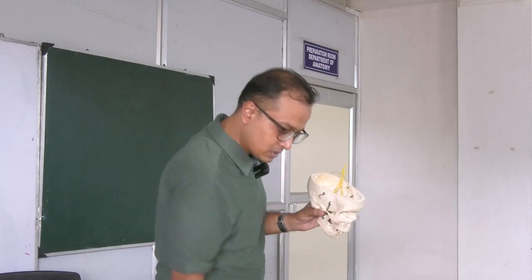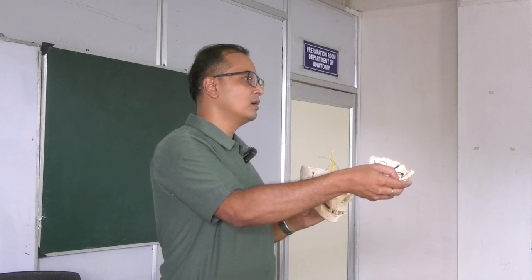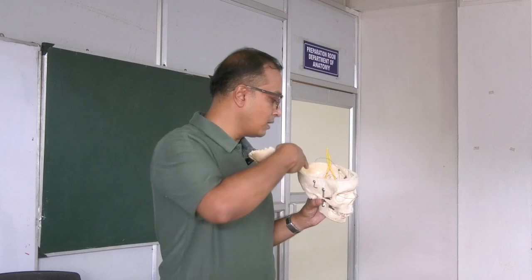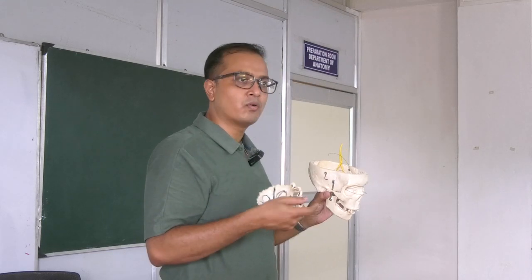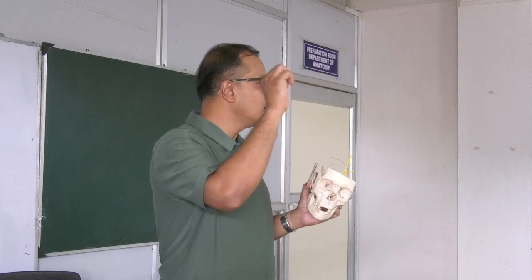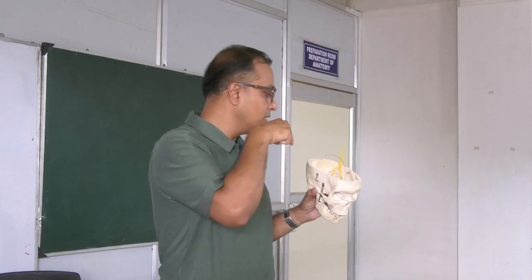Before leaving, they rest on this elevation which we call the jugular tubercle, and then dip down into the jugular foramen. The 9th, 10th and 11th cranial nerves come out of this foramen along with the internal jugular vein, which also runs through it. So 3 nerves and one vein run through the jugular foramen.